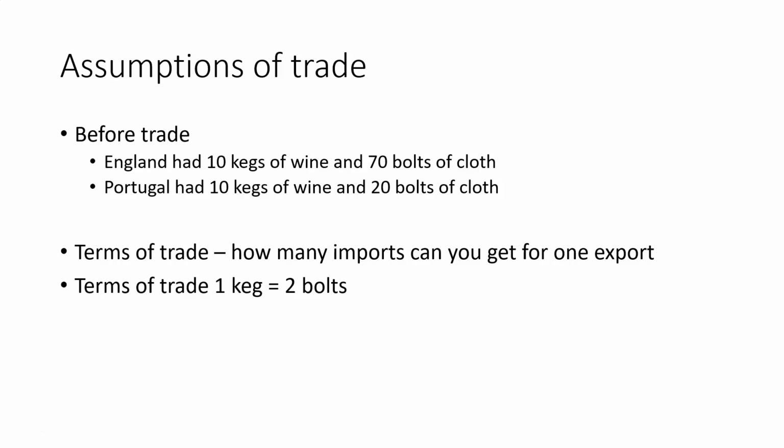Right. So let's make some up. Let's assume the terms of trade are 1 keg of wine equals 2 bolts of cloth. So in our trade example, Portugal is going to make wine, England is going to make textiles, and let's see with our terms of trade what happens.